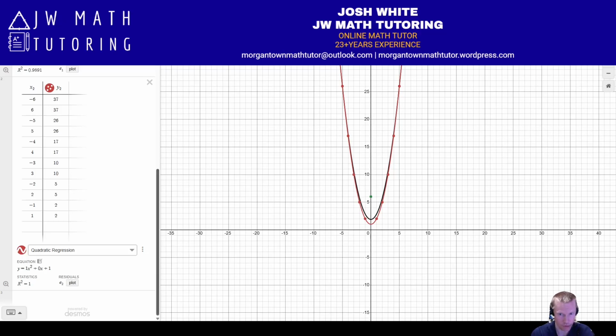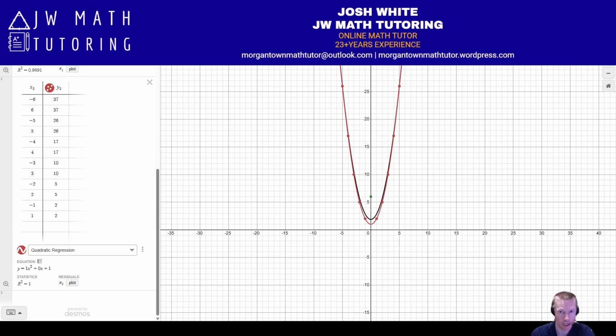For the new function, g of x, the red points and the red curve here, C has decreased and the A value has increased.